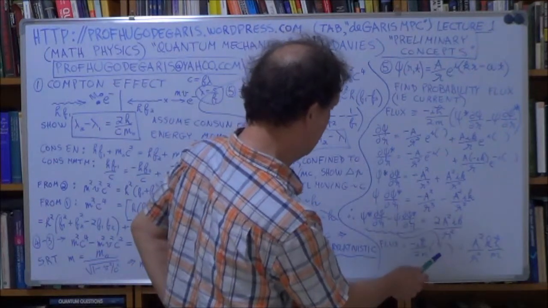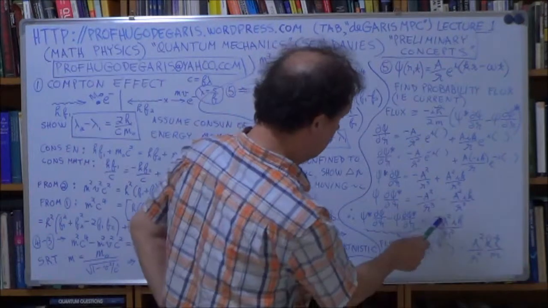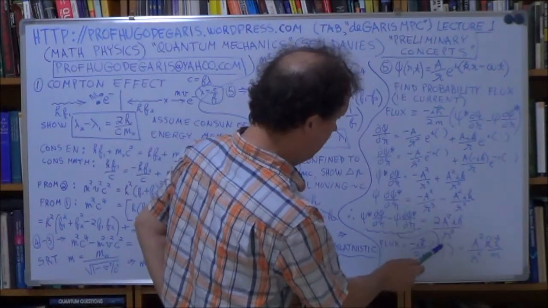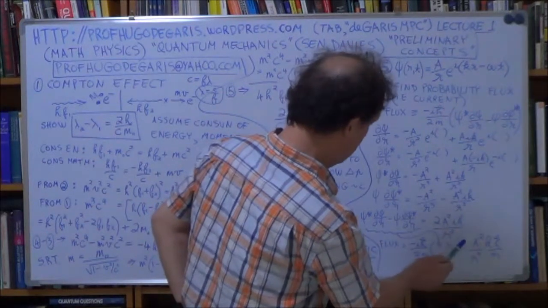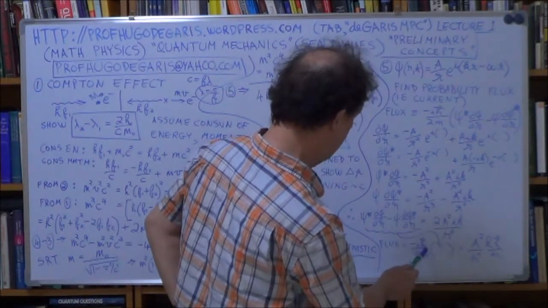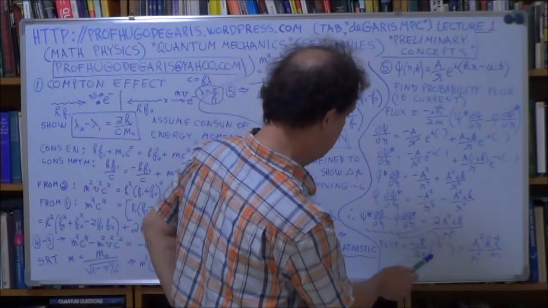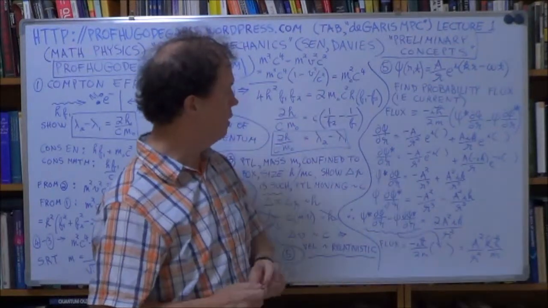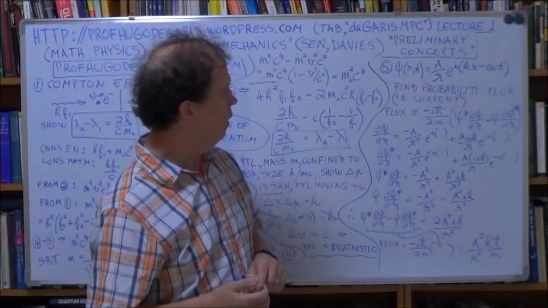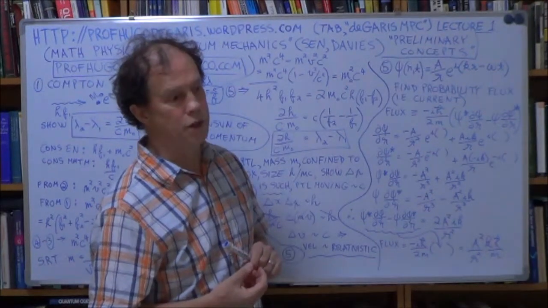Now lots of stuff will cancel. You get minus i squared, that's just 1. The 2's will cancel, and you're just left with a squared over r squared times k h bar divided by m, and there it is. Okay, so that's the end of the theory session and of lecture 1.